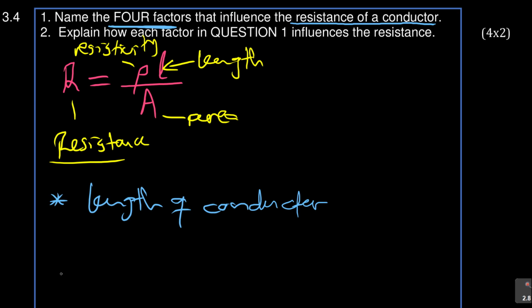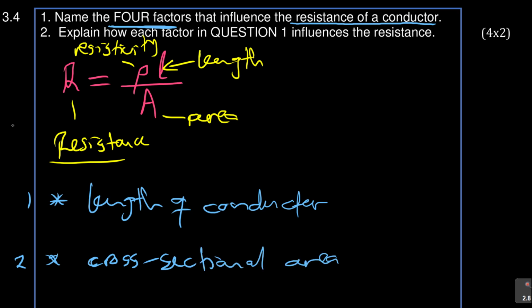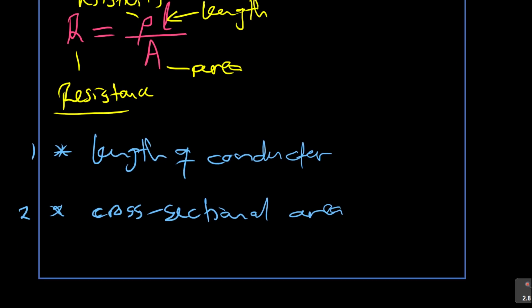Number 2 is the area, cross-sectional area. See, I'm getting them from the same formula there. Number 3, what is number 3?